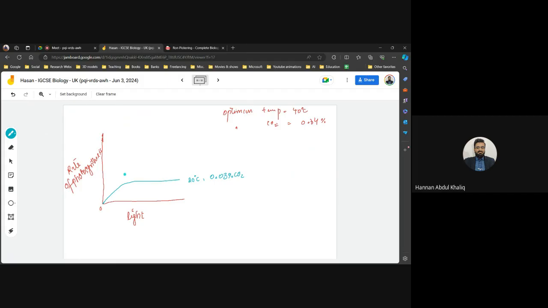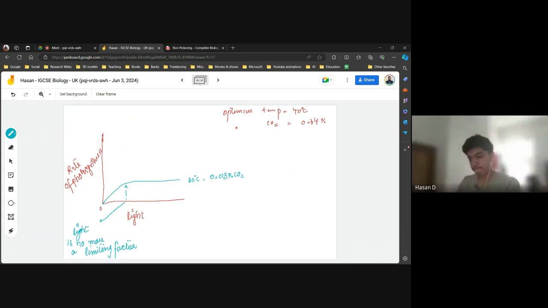Now you see, at this particular point, light is no more a limiting factor.